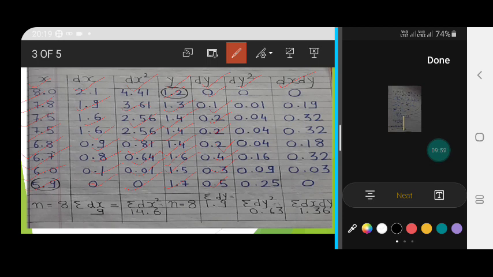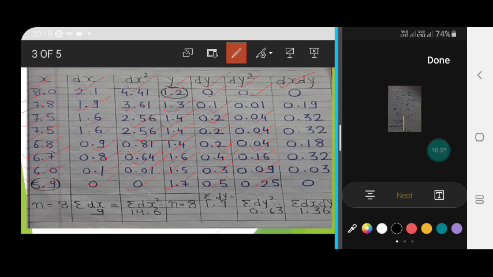The first one is 0, and the square of 0 is 0. The square of 0.1 is 0.01. The square of 0.2 is 0.04, and again 0.04, and again 0.04. The square of 0.4 is 0.16. The square of 0.3 is 0.09. The square of 0.5 is 0.25. This way we have computed the values of the dy square column.